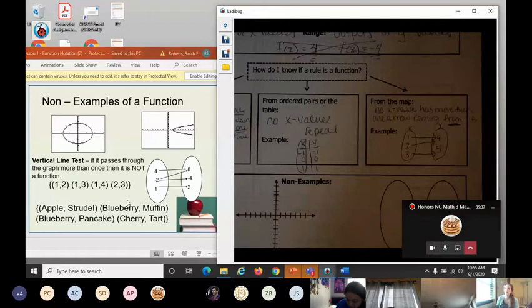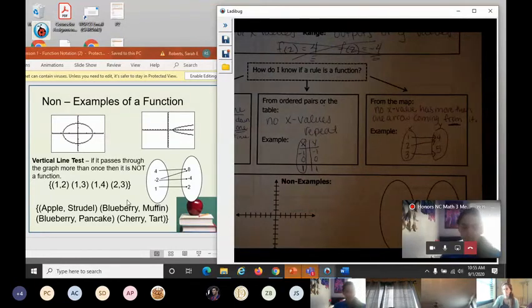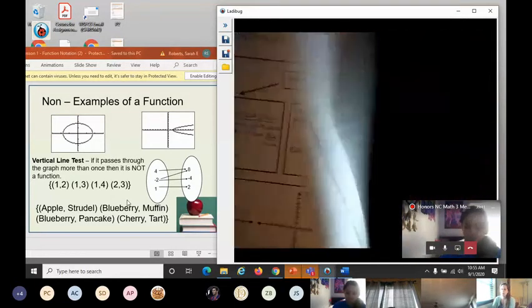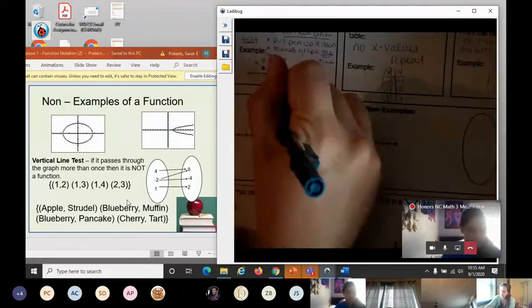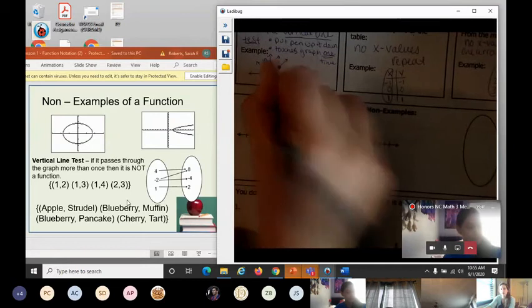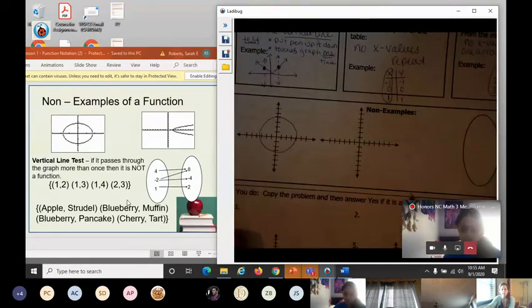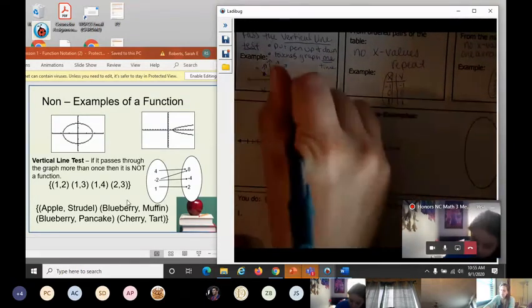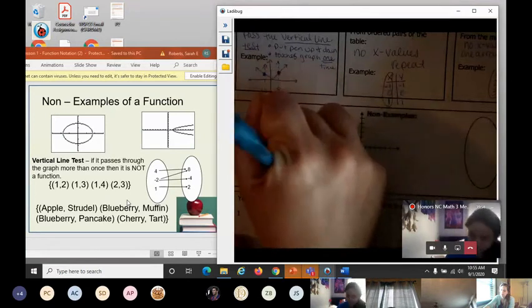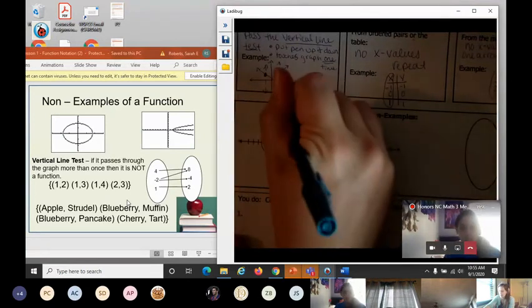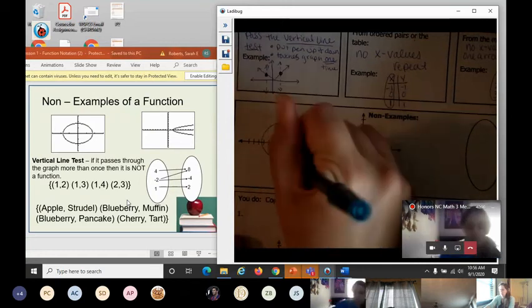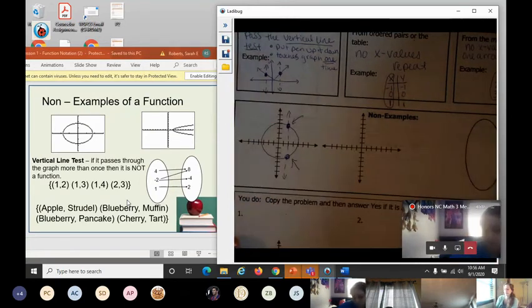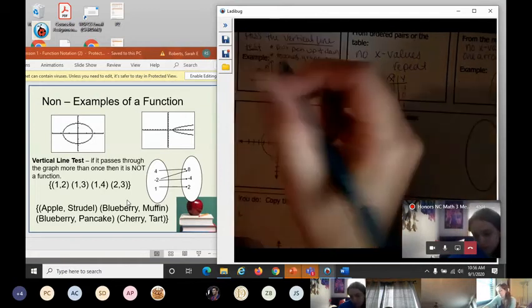Okay, so for non-examples, we could have a circle plotted out on our coordinate plane. This is not a function because when I do my vertical line test, I pass through 2 times. Okay, so passing through 2 times on the vertical line test means it fails.